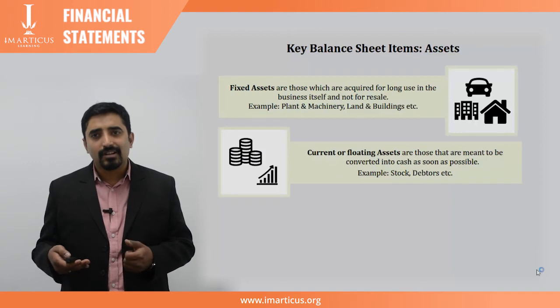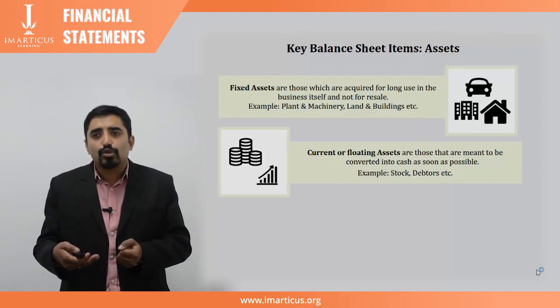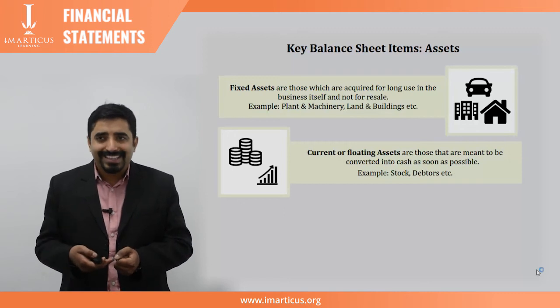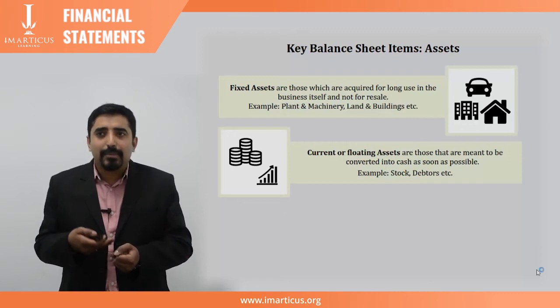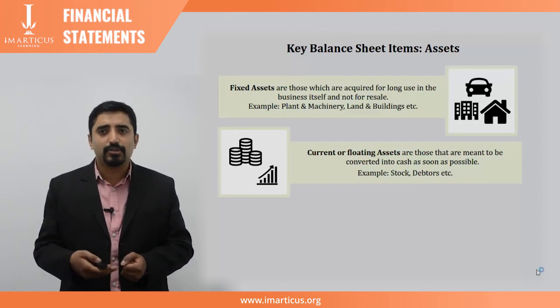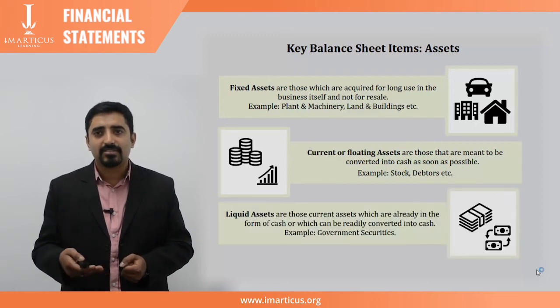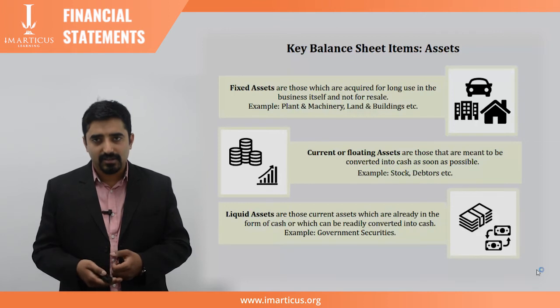Current assets or floating assets are assets which are more short term in nature. That is, these assets may be converted into cash in less than a year. Some examples of current assets are receivables, inventory, etc. Next, liquid assets.